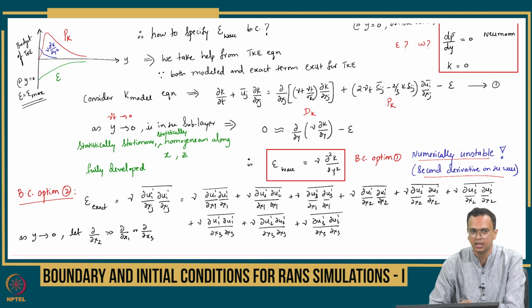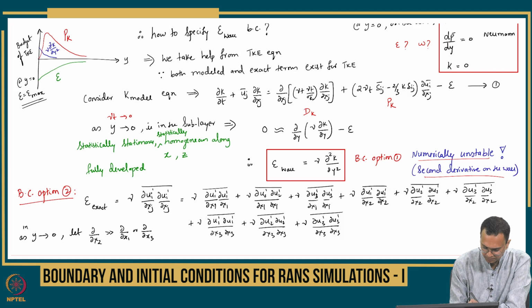The wall normal gradients will be much larger than the wall parallel gradients in the sublayer.